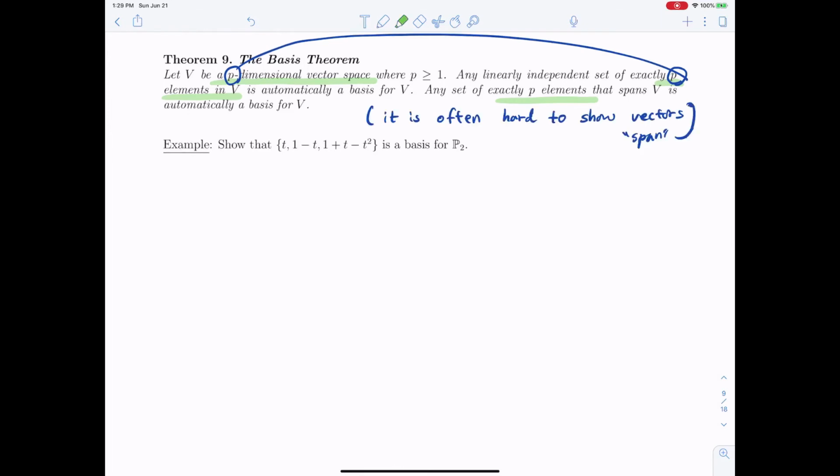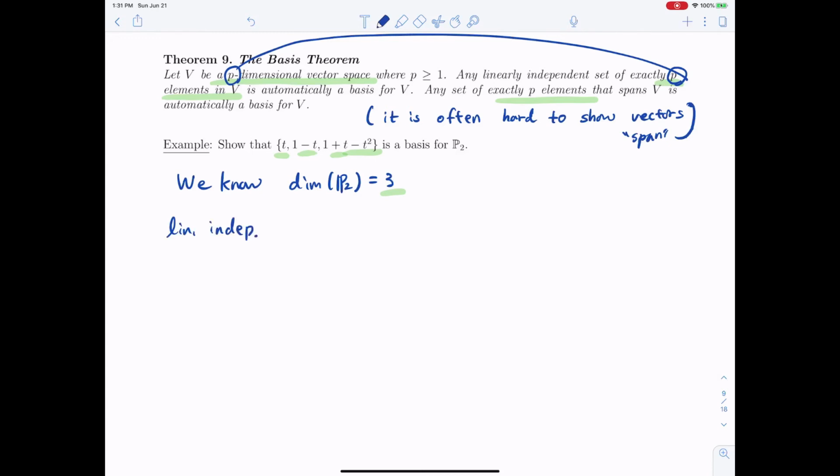So let's use the theorem to show that the given set is a basis for P2. We know that the dimension of P2 equals 3, and this number matches the number of elements in the given set over here. So let us show that the given set is linearly independent.